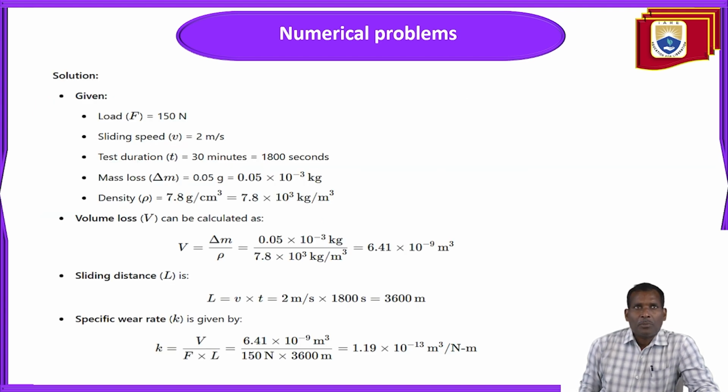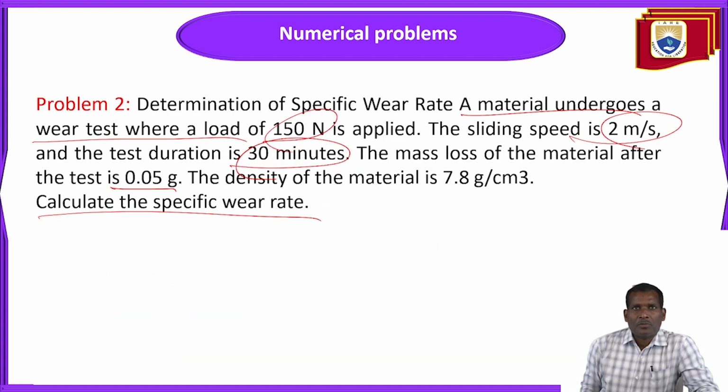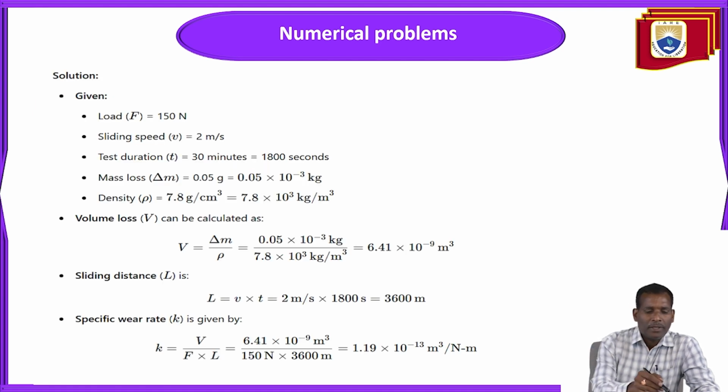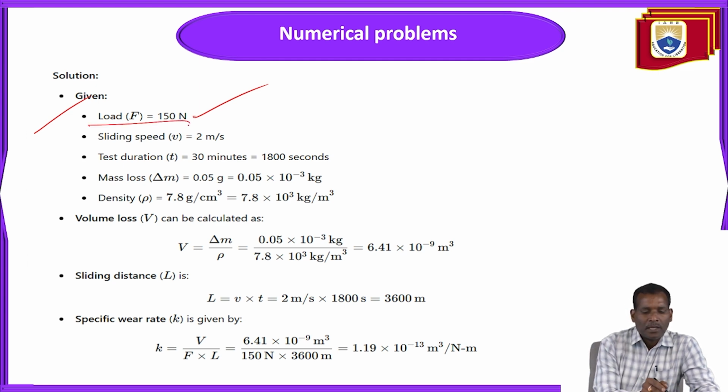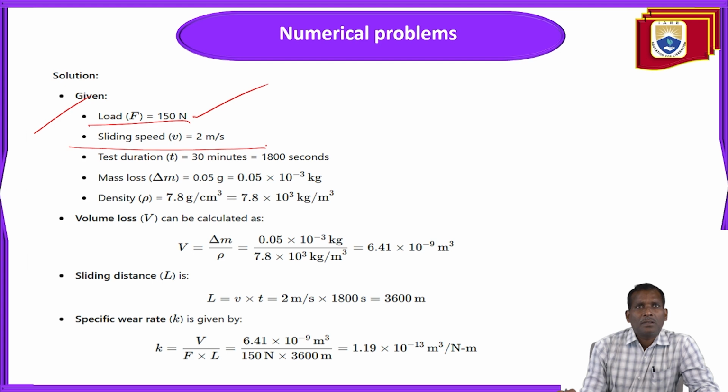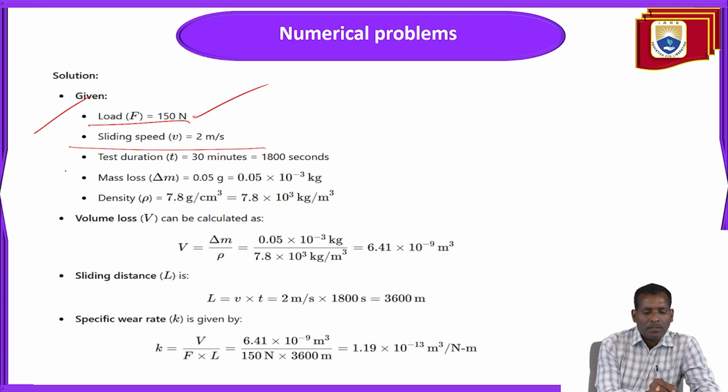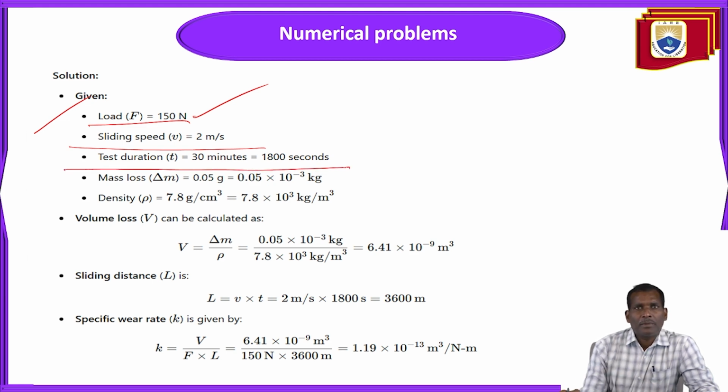Here we apply these formulas for the problem solution. First write down the given data. The load is 150 newtons and the sliding speed V is 2 meters per second. The test duration is in minutes, so convert it into seconds: 30 multiplied with 60.